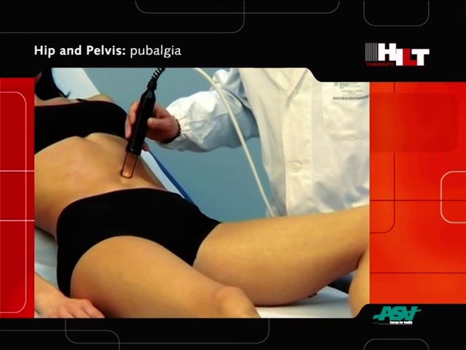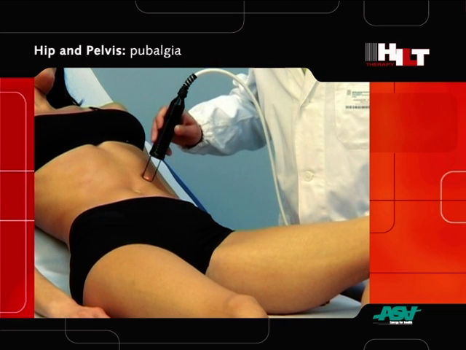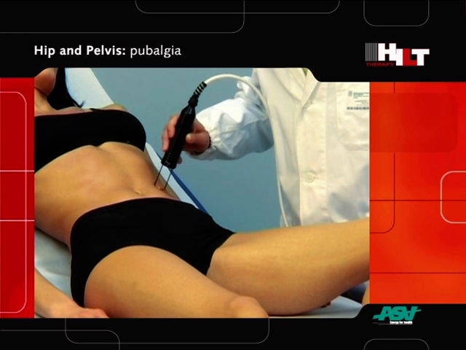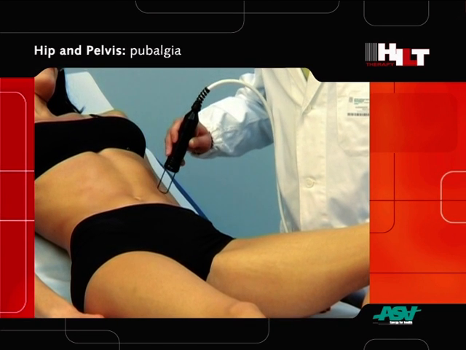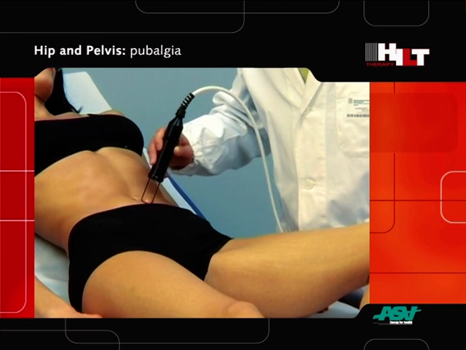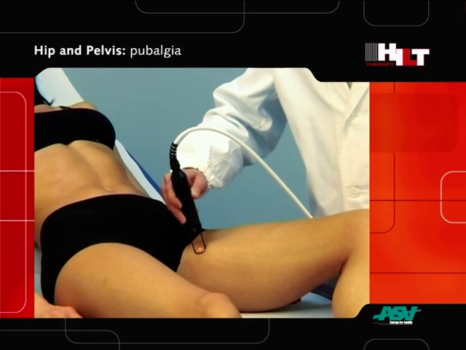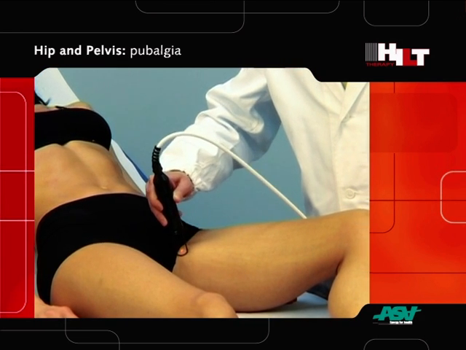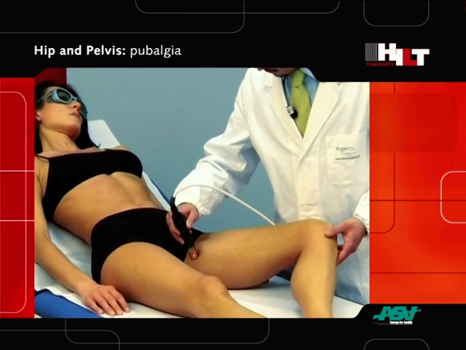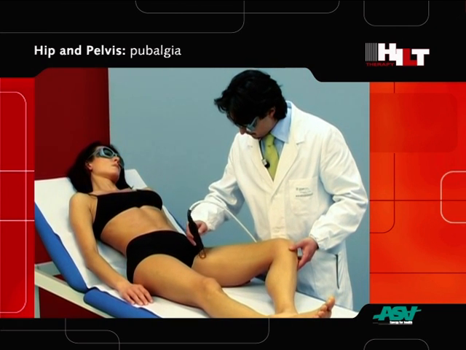The rectus abdominis is treated by fast longitudinal and transversal scanning movements. After that, treatment continues over the proximal insertion with transversal and longitudinal scanning movements.